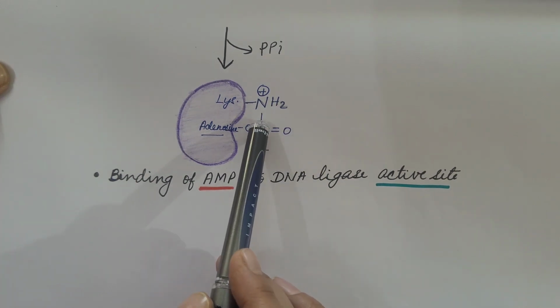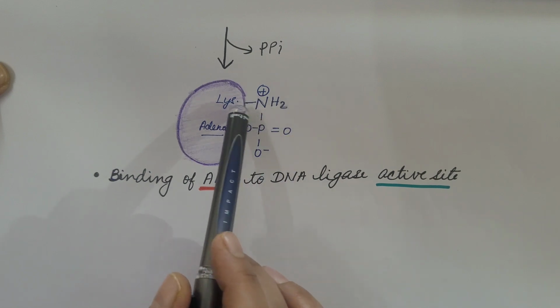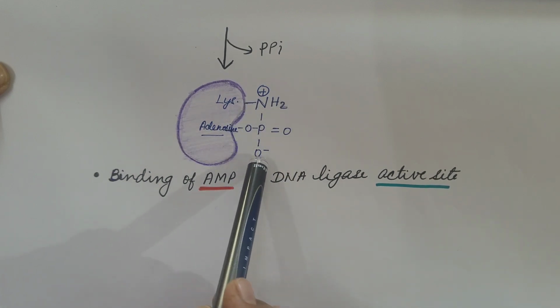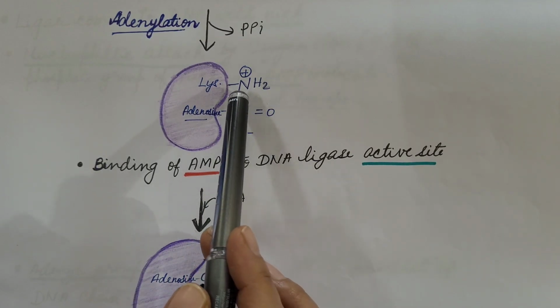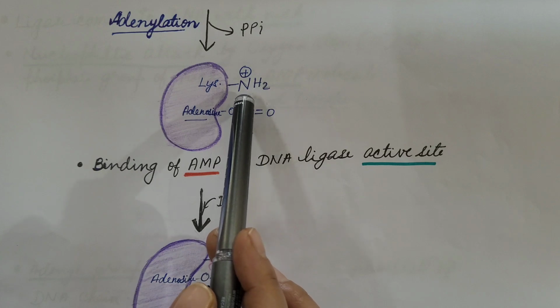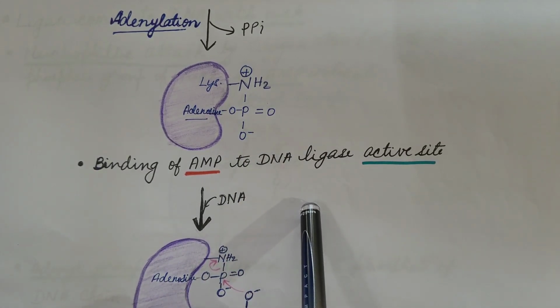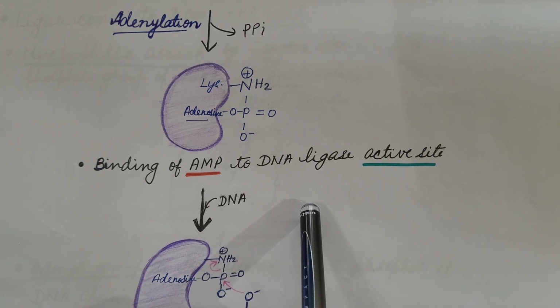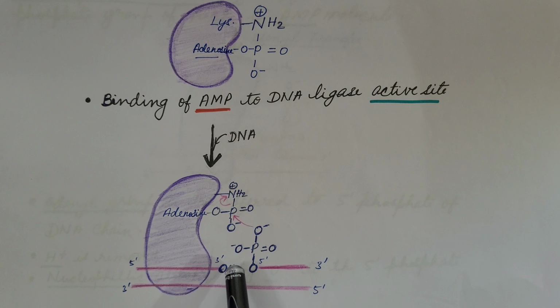Then a covalent bond is formed between the free NH2 group at the active site and the AMP or adenosine monophosphate. This binding of the AMP to the free NH2 group is known as adenylation, and this results in the activation of DNA ligase enzyme. Now the DNA with a nick comes and the ligase enzyme binds to this DNA.